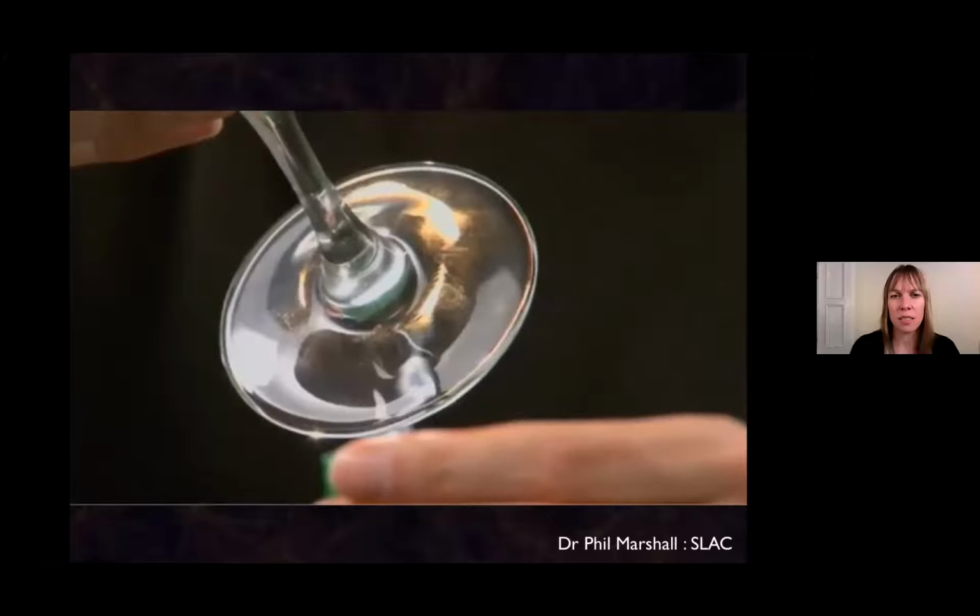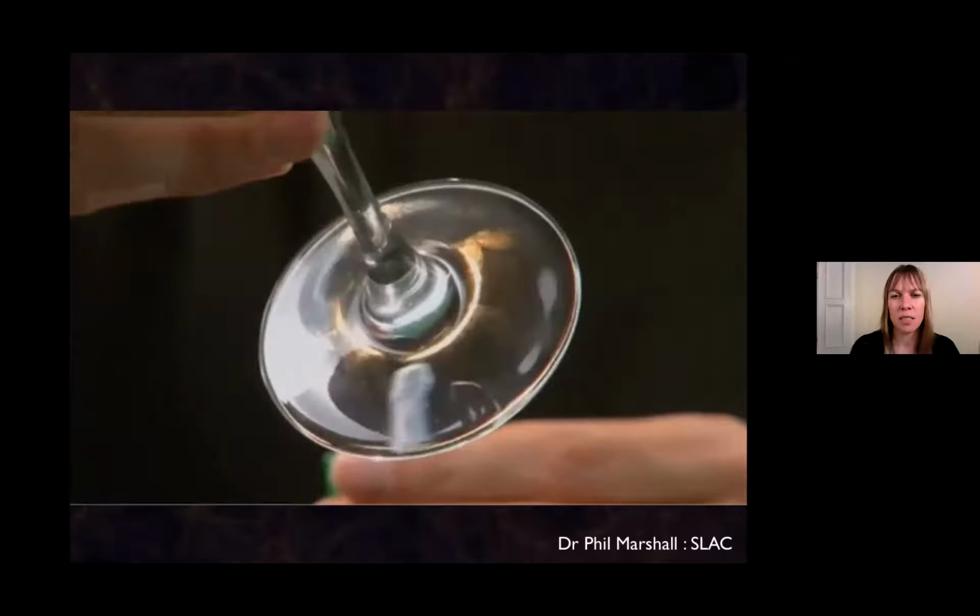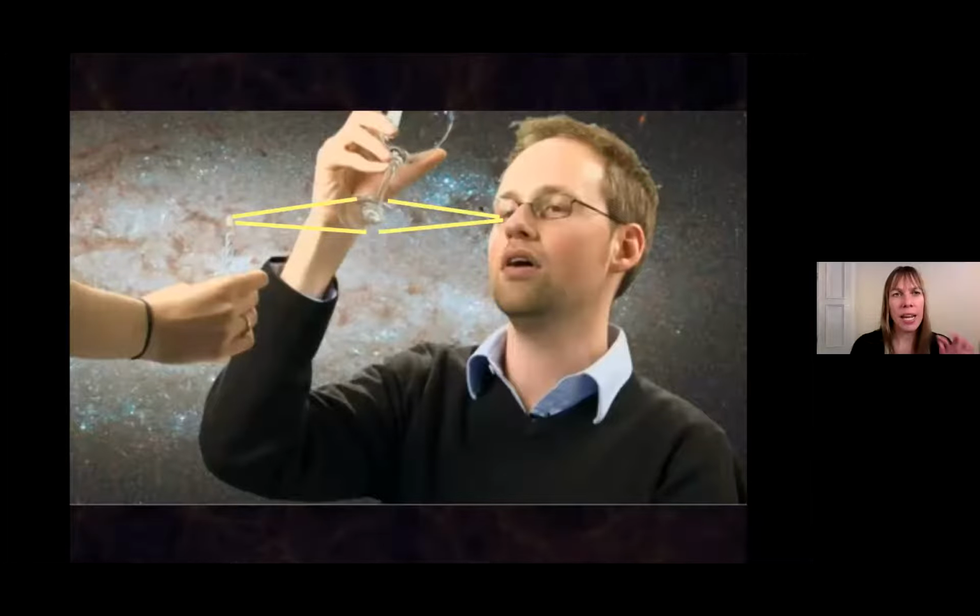Okay, if I just look right through the base down here, I can see 2 images. Oh, there's 4. Okay, so what's happening here is you've got a candle, and light from that candle is traveling towards Phil's eyes, but the curvature in the base of the wine glass, the different thickness of the glass, is bending the light in different ways.